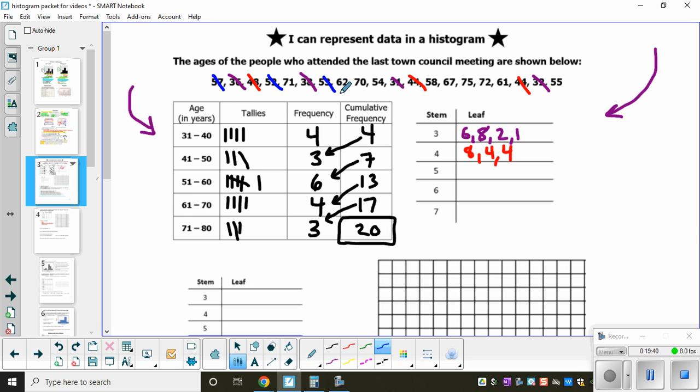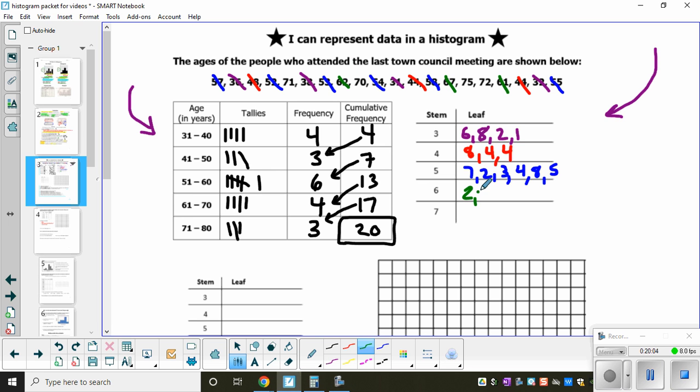Now if I'm looking for some stuff in the 50s, we got a 57 and a 52 and a 53. So a set of 57, a 52, and a 53. We got a 54, and a 58, and then a 55. When looking for stuff in the 60s, we got a 62, a 67, and a 61.